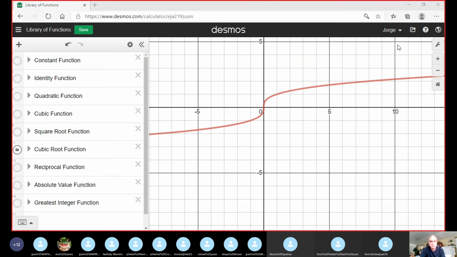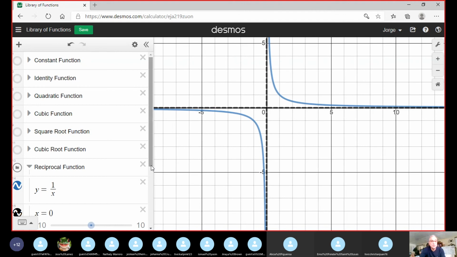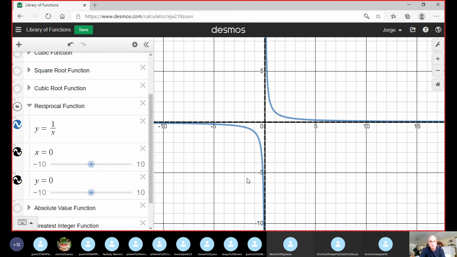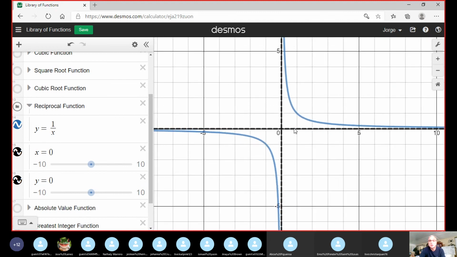Okay, so we studied the cubic root. Now the reciprocal. What is the formula for the reciprocal? It's 1 over x. The graph of the reciprocal function is the blue color.